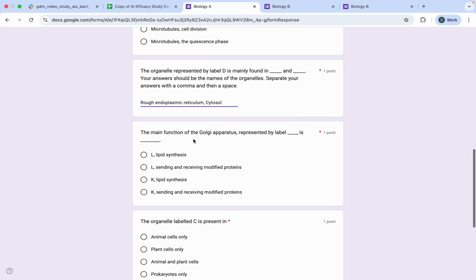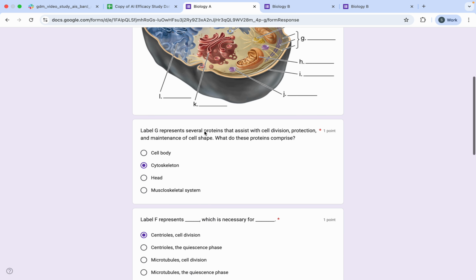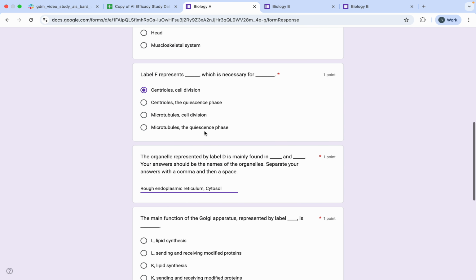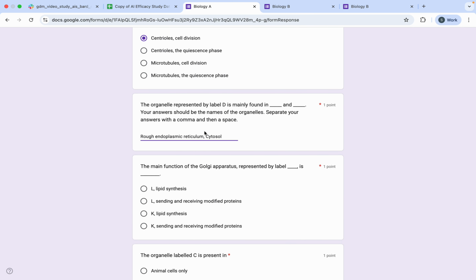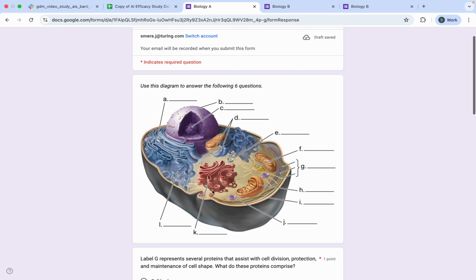Next is the main function of Golgi apparatus, represented by label dash. Golgi apparatus, yeah, this is Golgi apparatus.